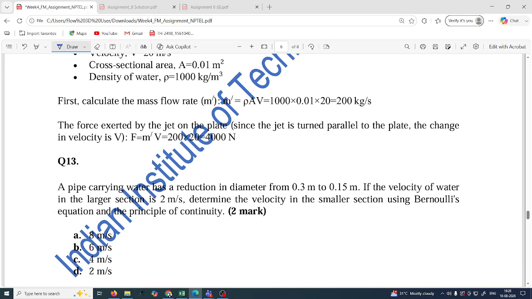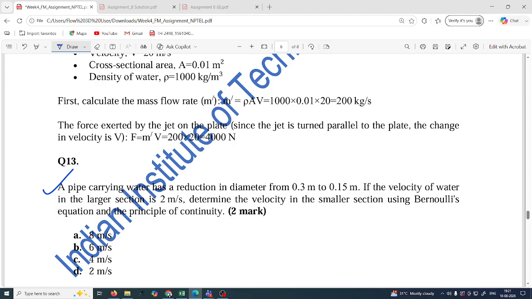Question number 13 is, a pipe carrying water has a reduction in diameter from 0.3 meter to 0.15 meter. If the velocity of water in the larger section is 2 meter per second, determine the velocity in the smaller section using Bernoulli equation and the principle of continuity.